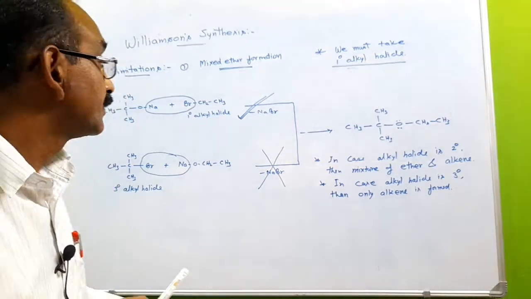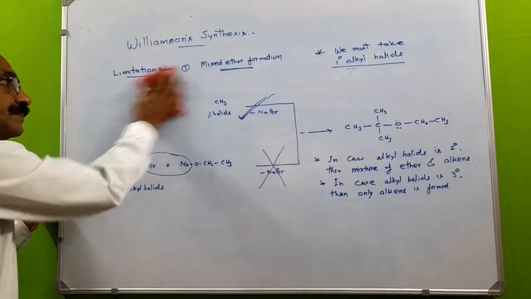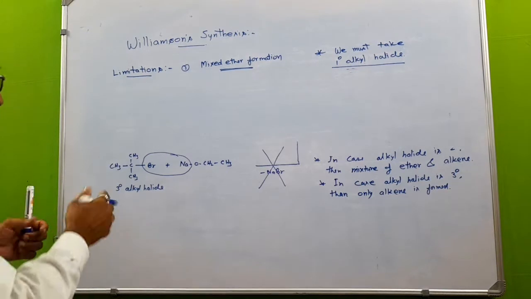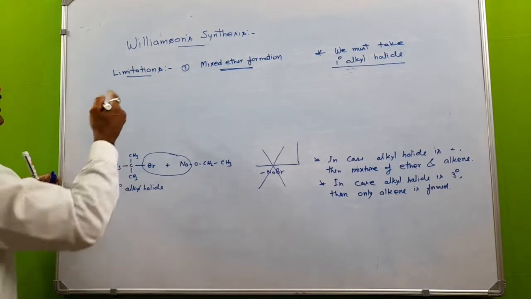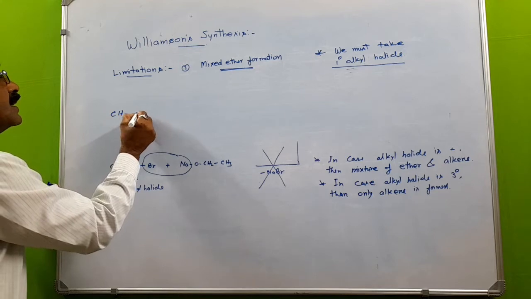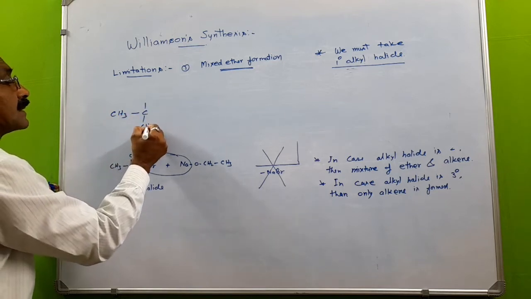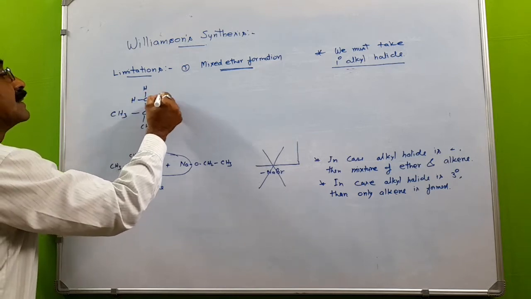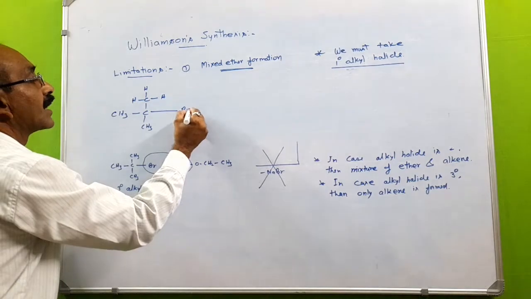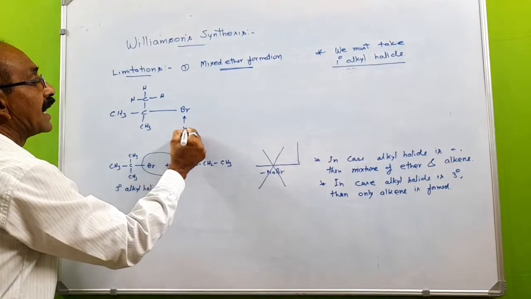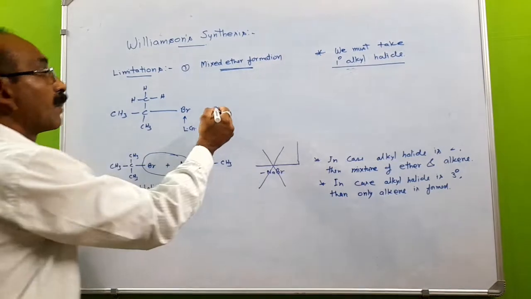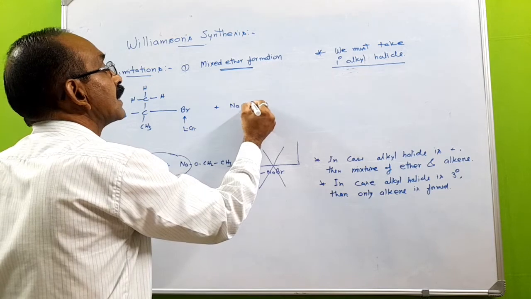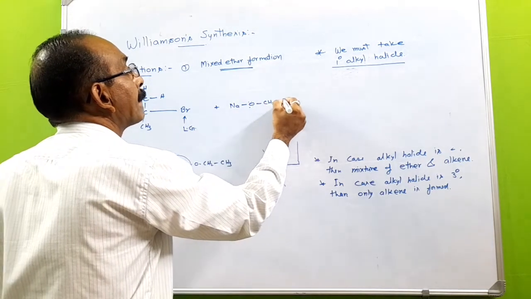Why elimination? See, let our alkyl halide be tertiary. Here it is CH3, CH3, and this one is CH3, and here it is Br. Which one is acting as our leaving group? Now the alkoxide is this.